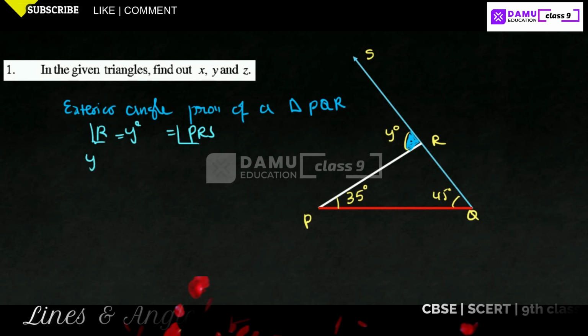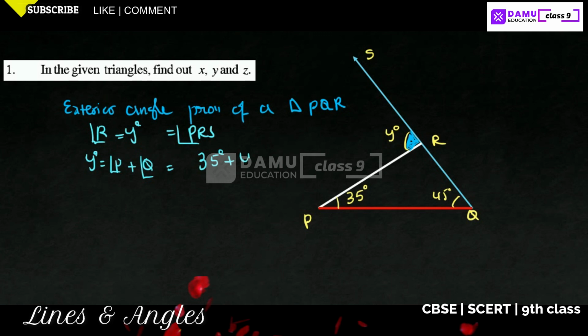So y degrees will be equal to the sum of angle P plus angle Q. Angle P is nothing but 35 degrees, angle Q is nothing but 45 degrees. So we will get 80 degrees. That is the value.